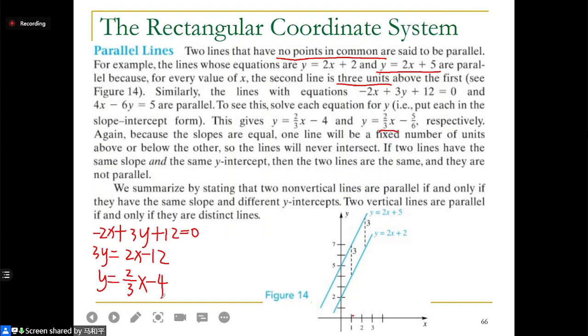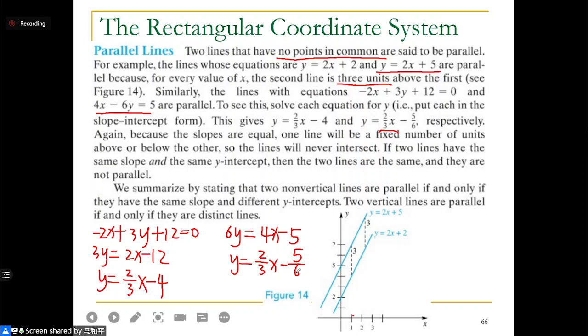And then the second one. Solve it for y. We know 6y is equal to 4x minus 5, right? And we have y is equal to 4 over 6 x, which is 2 over 3 x, minus 5 over 6.